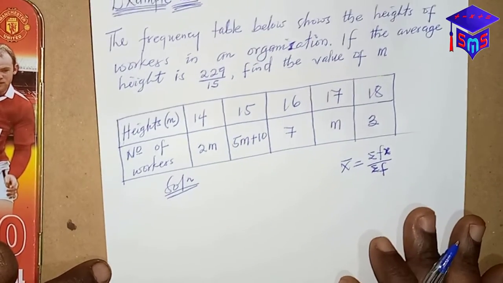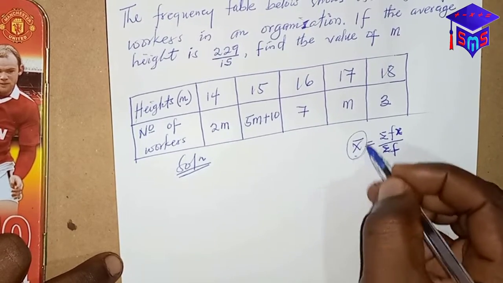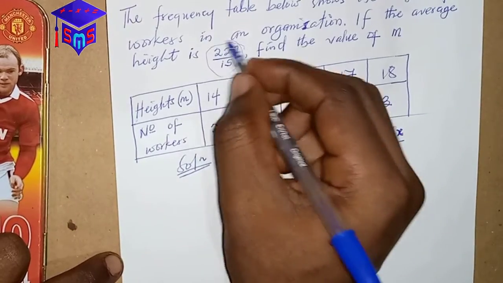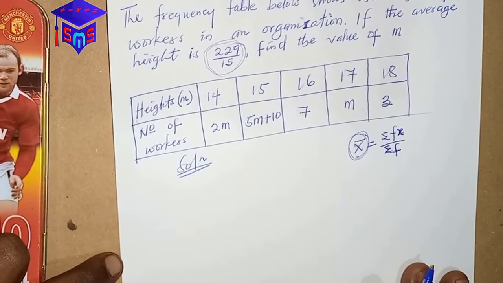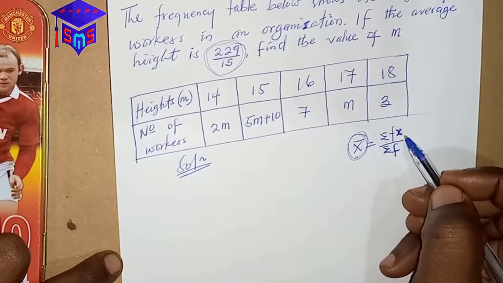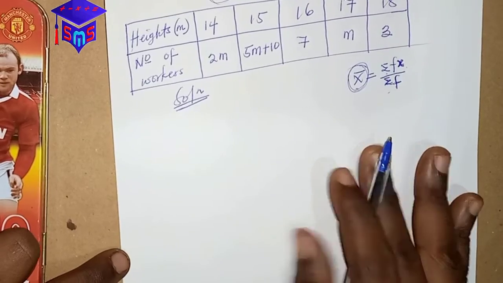Okay, and then we have been given the x bar, the mean, which is the same as the average, in the question: 229 over 15. What it means is that we have to look out for sigma fx and sigma f. So you quickly restructure the table.